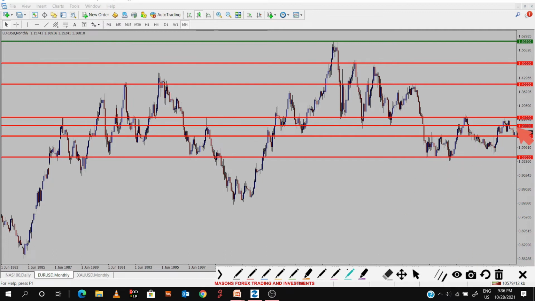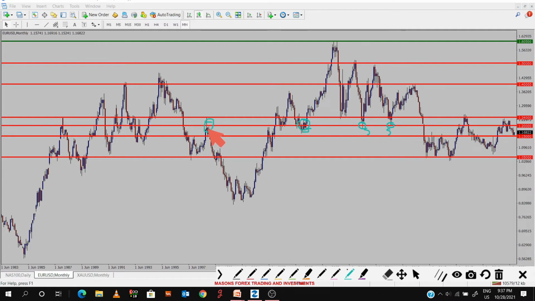Let's look at the 1.20000 level. We have a wick right here which pushes through or stabs through this level. This wick comes and touches the level. Again, support. Around this area, we also have another support level.